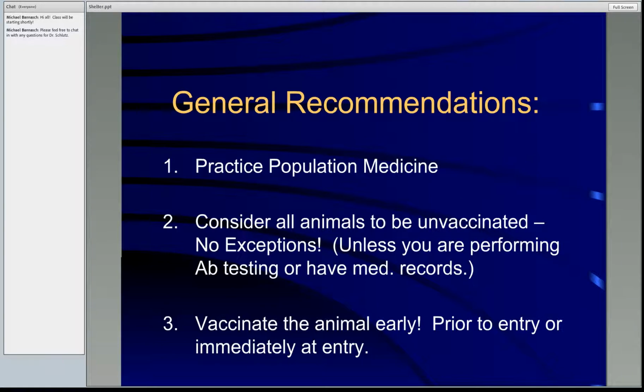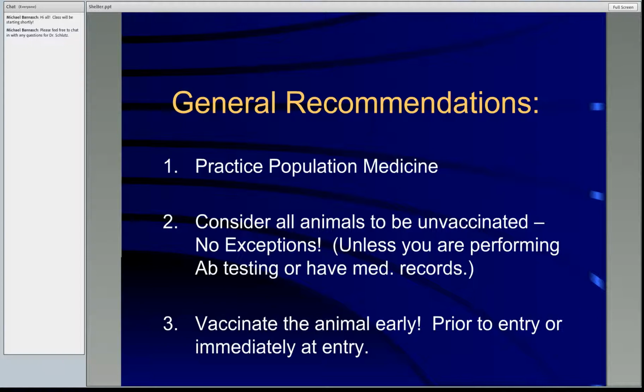In relationship to pet animal medicine, we're usually looking strictly at the individual animal, whereas in the shelter environment, we're more concerned about the population of animals than we are about the individuals. So that's a real difference.